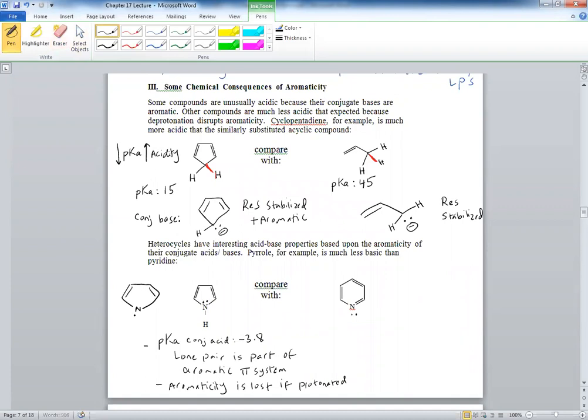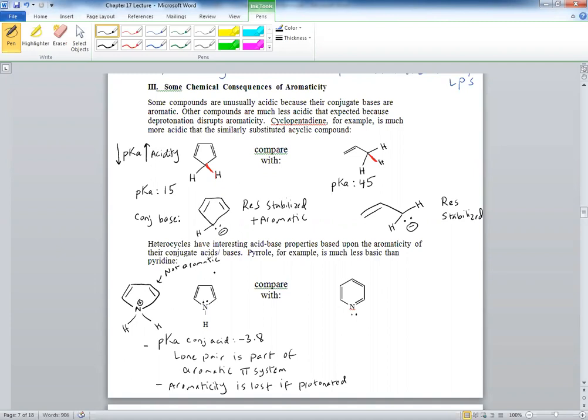So if you protonate this, it has a positive. Guess what? This is no longer aromatic.